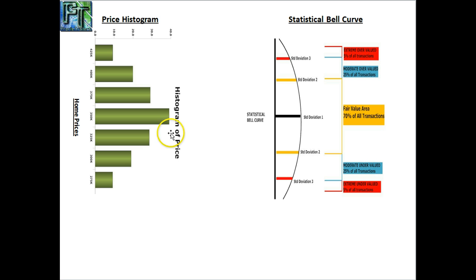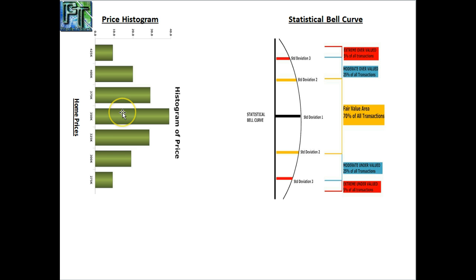So this distribution of price within this histogram gives me a fantastic advantage of knowing if the price that is offered to me is reasonable, or if it's a very good deal because it's undervalued, or if it's a very bad deal because it's overvalued.